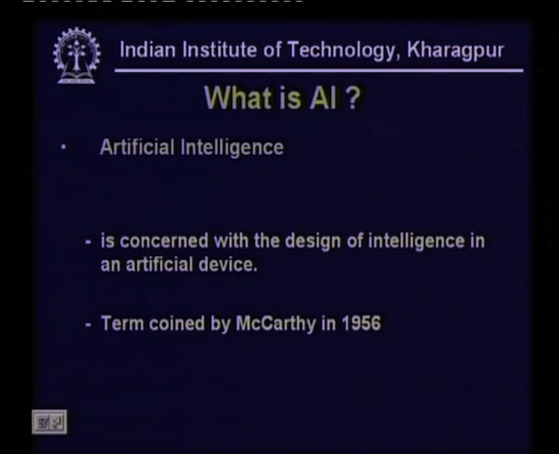And the first term, artificial: AI is concerned with the design of intelligence in artificial artifacts, in artificial devices. So systems, artificial systems or man-made systems, and building intelligence into them. This term was coined by McCarthy in 1956 in a famous conference, the Dartmouth Conference, which we will have occasion to talk about later.